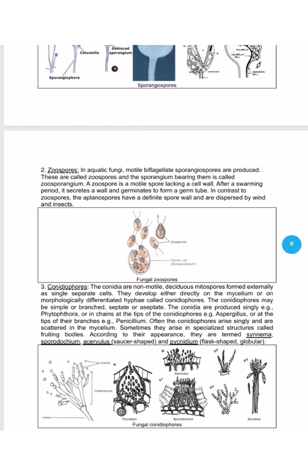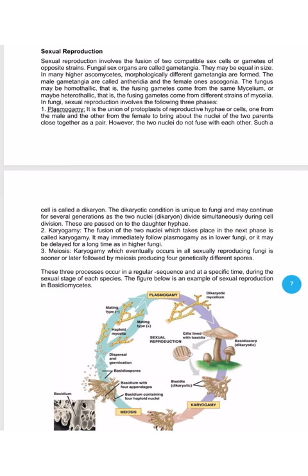The last thing we are going to talk about is sexual reproduction. Sexual reproduction is the fusion of two compatible sex cells. When we say sex cells, that means they carry half the number of chromosomes, the gametes.